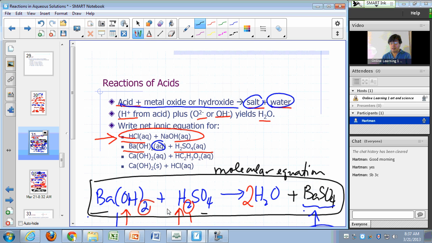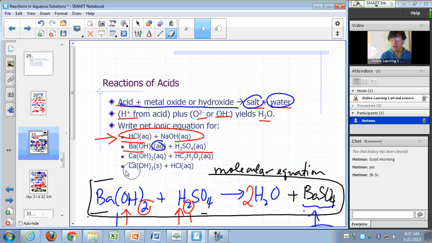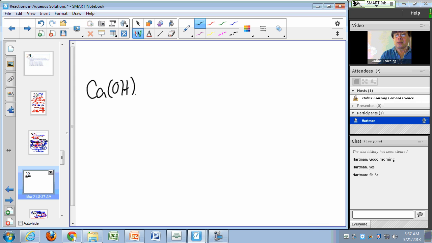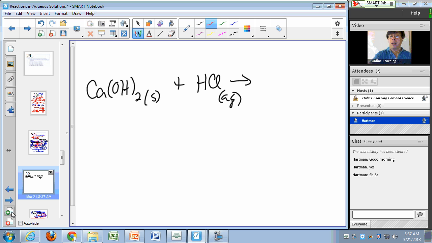Okay? Let's look at this last example right here. This is calcium hydroxide solid plus HCl aqueous. So here you have a reaction between calcium hydroxide solid plus HCl. Well, what products do we expect? Again, acid plus base.